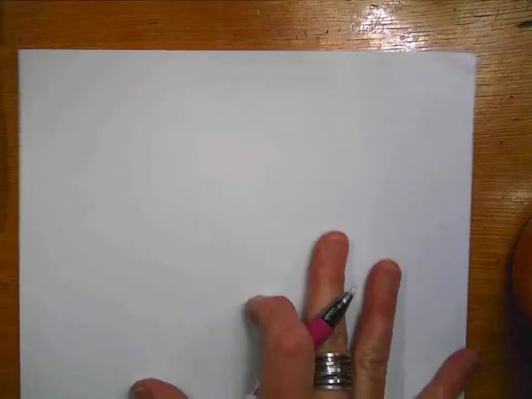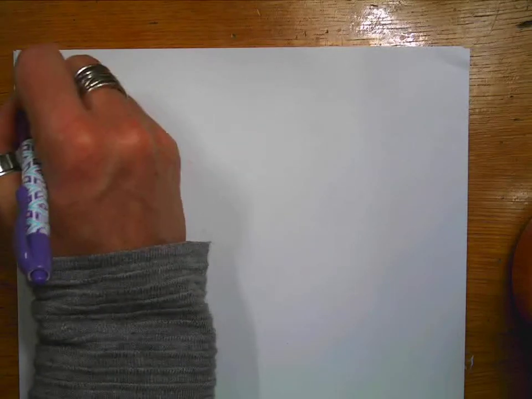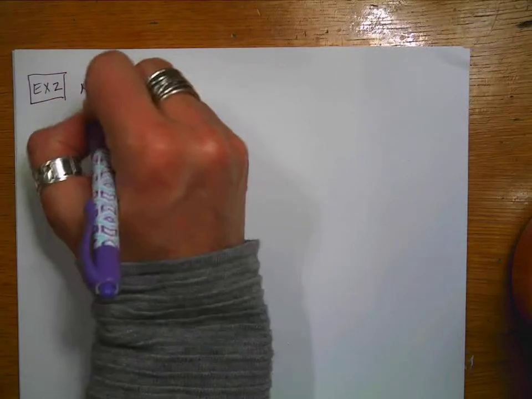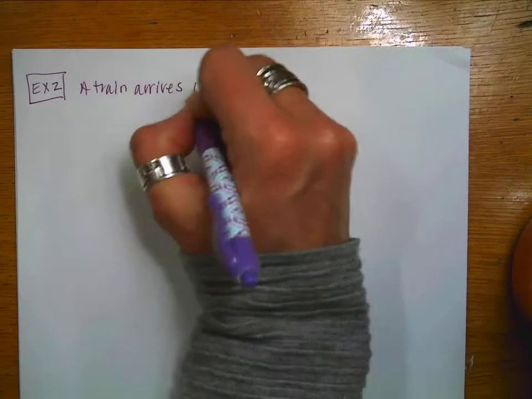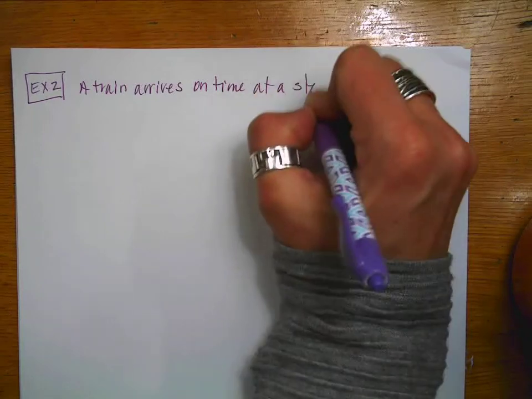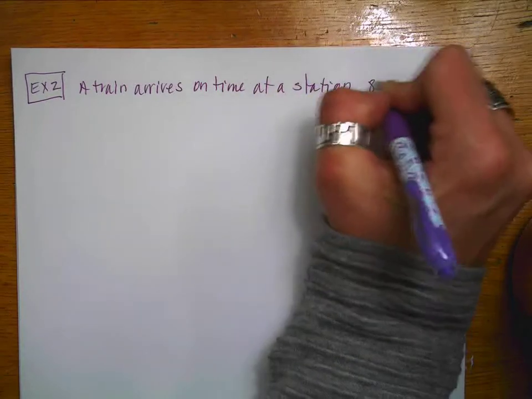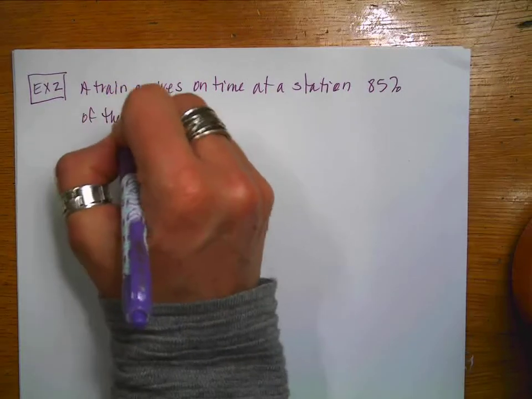Okay? So for the next example, we're going to be talking about trains. Okay, so we'll do example number 2. It says that a train is going to arrive on time at a station 85% of the time.